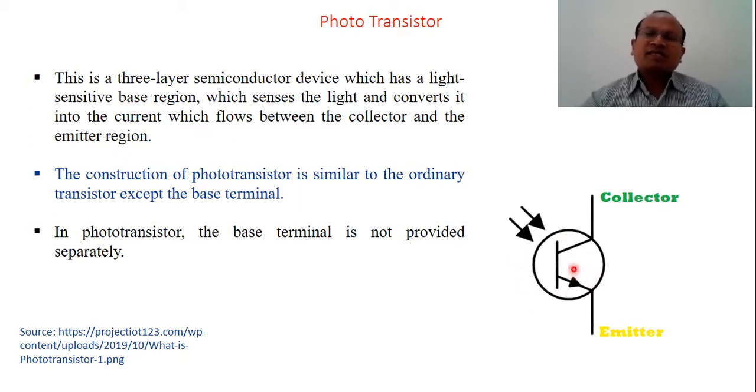The base region is light sensitive, which means that it detects the light, it senses the light, and the light signal is converted into base current, and that current flows through collector and emitter region. Between emitter and collector region, that current which comes out from the base region due to this light is the reason for the current which flows through the transistor.